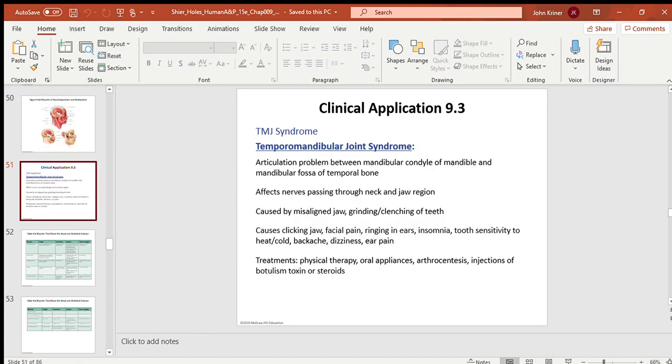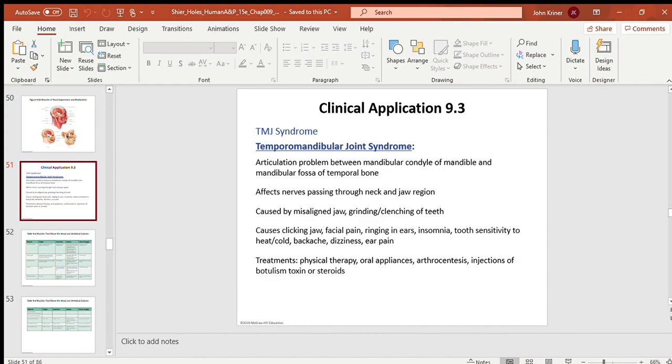Oh, TMJ syndrome, temporomandibular joint syndrome. So if you know where the TMJ is, it's where the mandible articulates with the skull. So as you move your jaw, open your mouth and close it, you can go just anterior to your ear, and you will feel the joint right there. That's the TMJ joint.